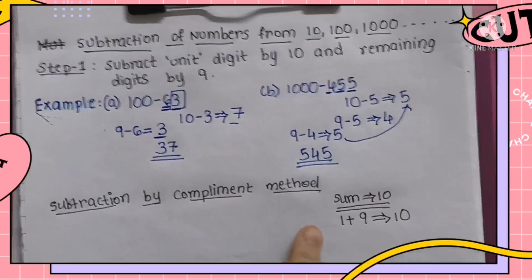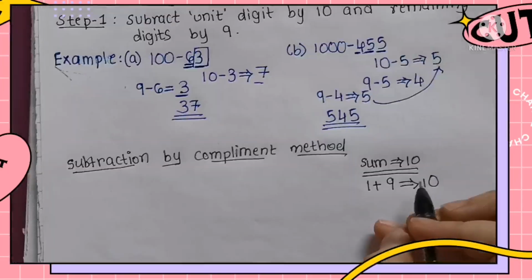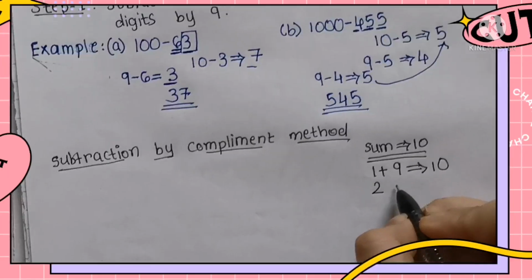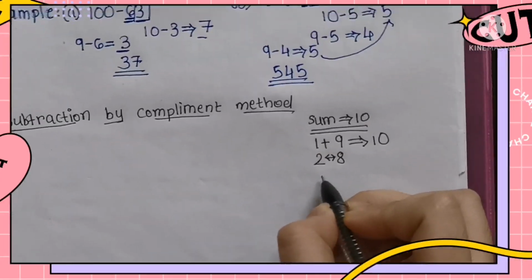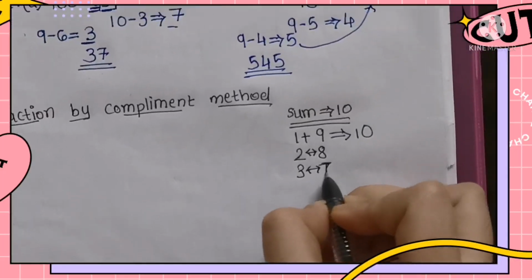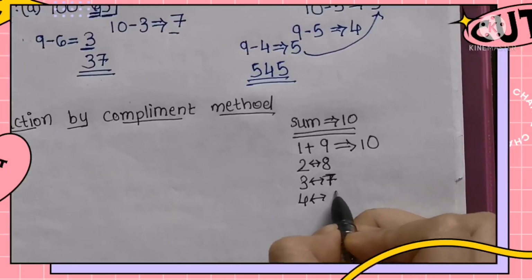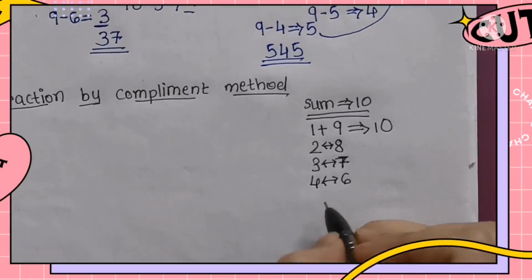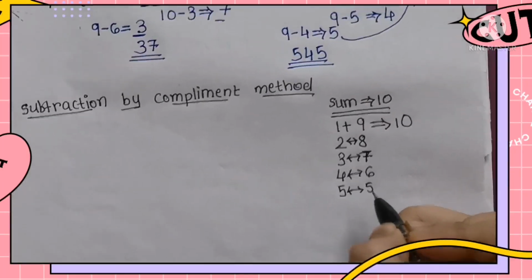And therefore 1 is the complement of 9 and 9 is the complement of 1. Similarly, 2 is the complement of 8 and 8 is the complement of 2. 3 is the complement of 7 and 7 is the complement of 3. 4 is the complement of 6 and 6 is the complement of 4. And the last, 5 is the complement of 5.